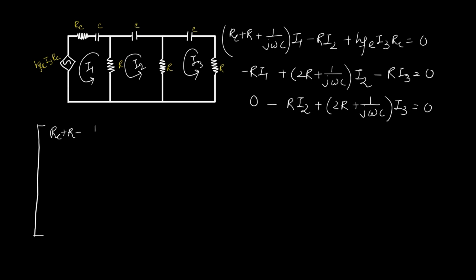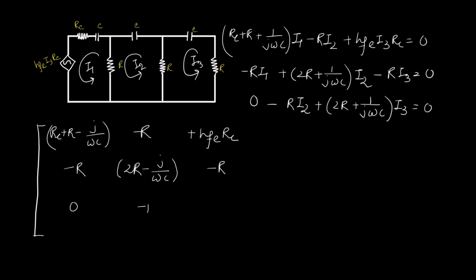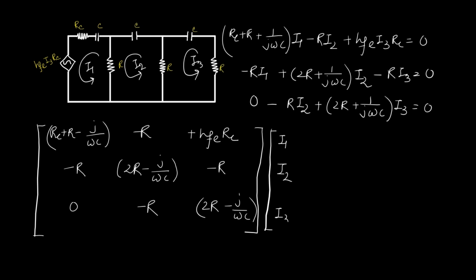So minus J by omega C, minus R, plus HFE RC minus R, 2R minus J omega C, minus R, 0, minus R, 2R minus J by omega C, into I1, I2, and I3 equals to 0.